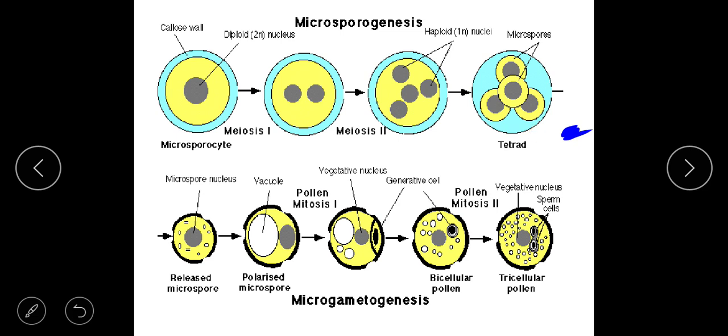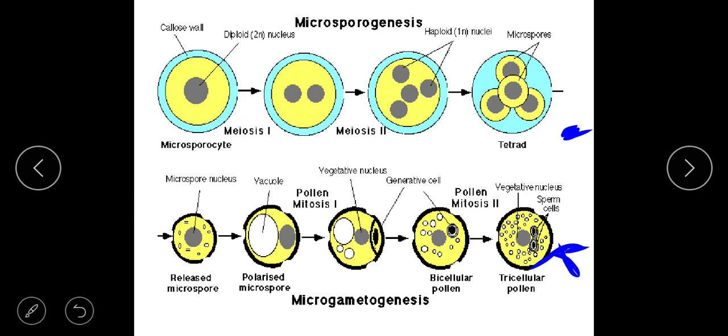If we see a detailed view, each microspore consists of an outer wall which is thick. Even in this last diagram you can see this one. This is called the exine and is thick due to the presence of a chemical substance known as sporopollenin.